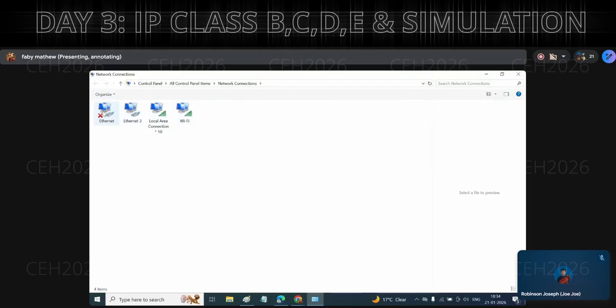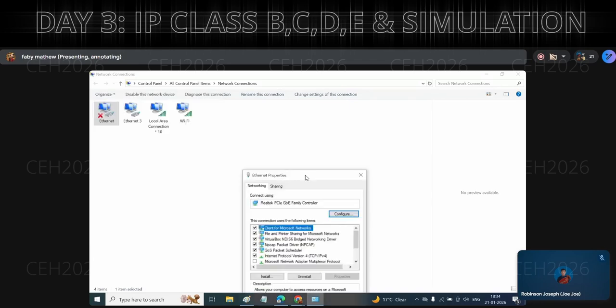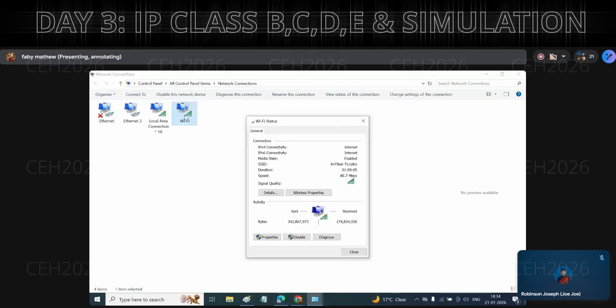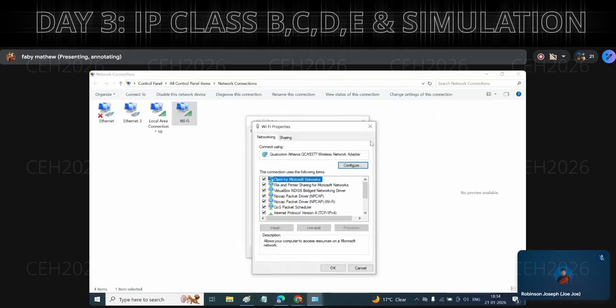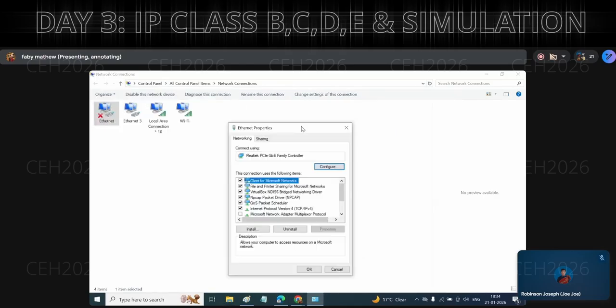Now, if you want to configure the IP address, double click on the particular network adapter. In my laptop, I have both network adapters: the wired network adapter is also there and the wireless network adapter is also there. If I double click on this, it will open it. So I click on the network adapter.